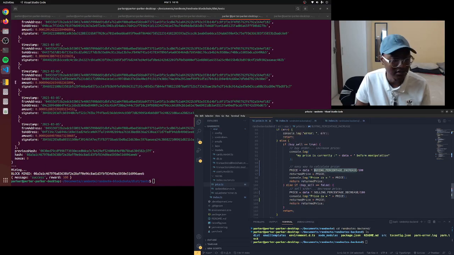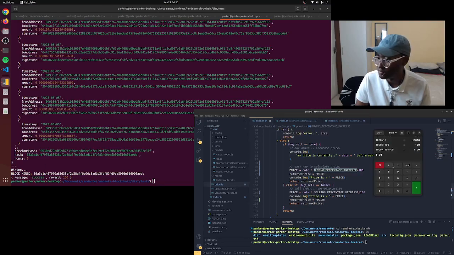When we're buying, it's the price, which is 1,000 times 120 divided by 100.